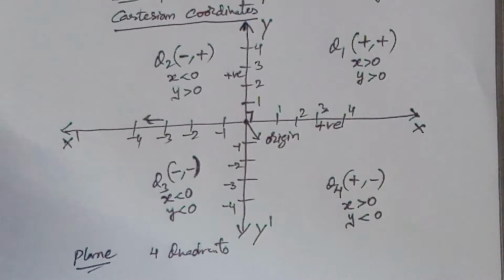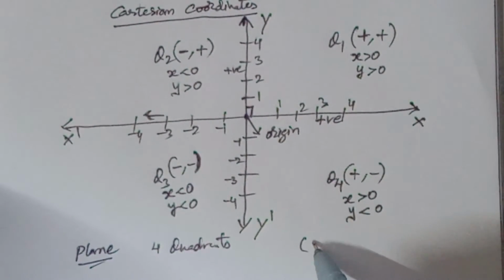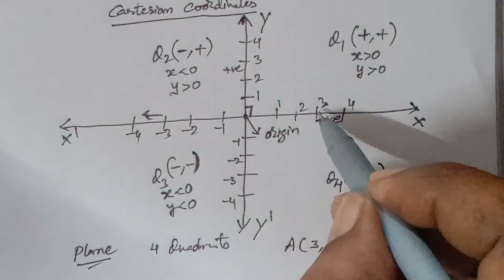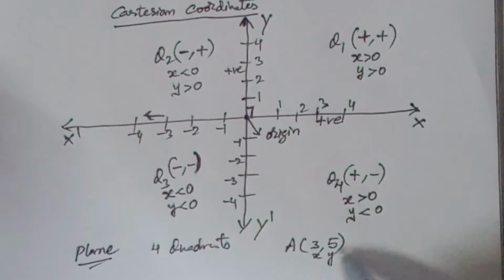Suppose you want to plot the point A (3, 5). On the x-axis this is the x value, and this is the y value.